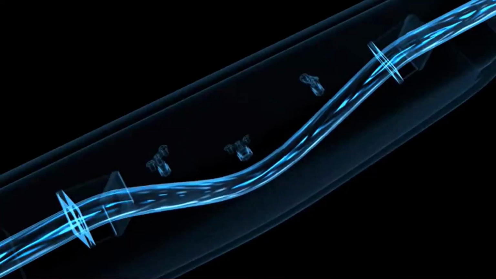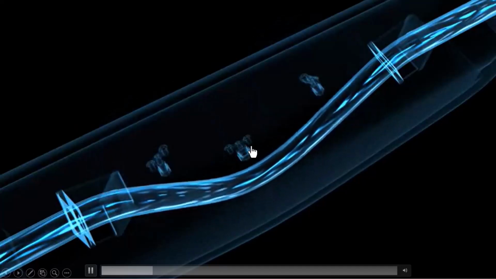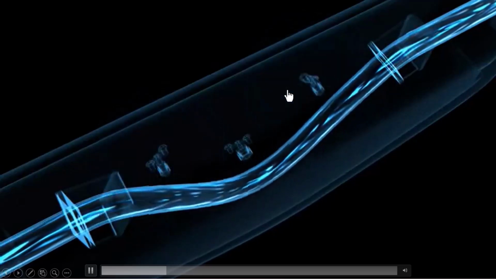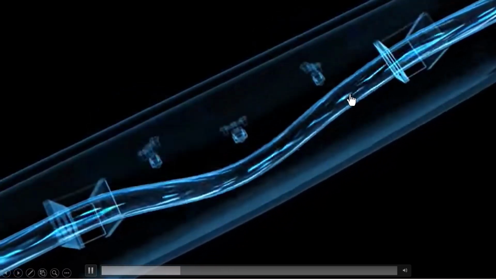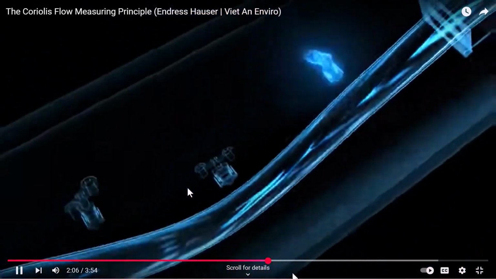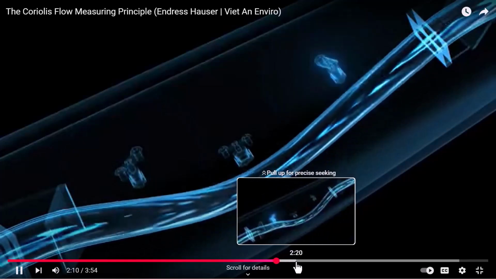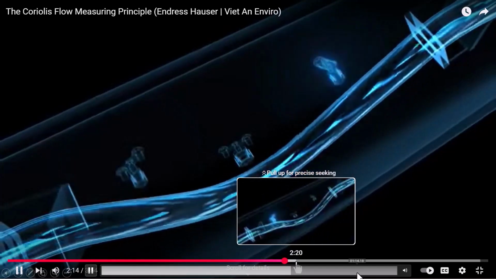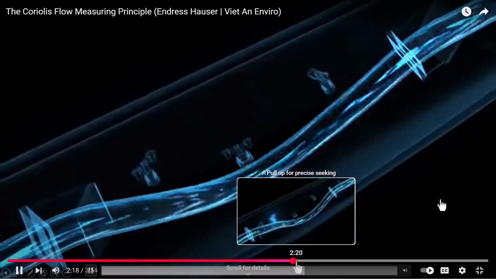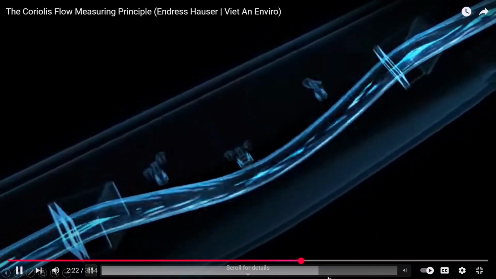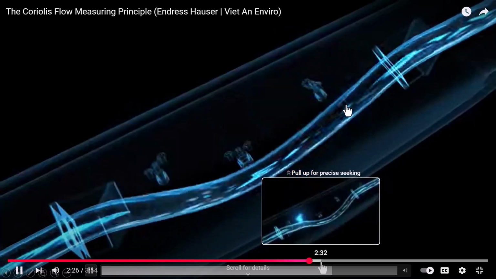Here the exciter is the force coil, and here is the sensor coil. Here the tube is moving, and the sensor coils have different phase shifts. Here the phase shift is different. It's too hard.